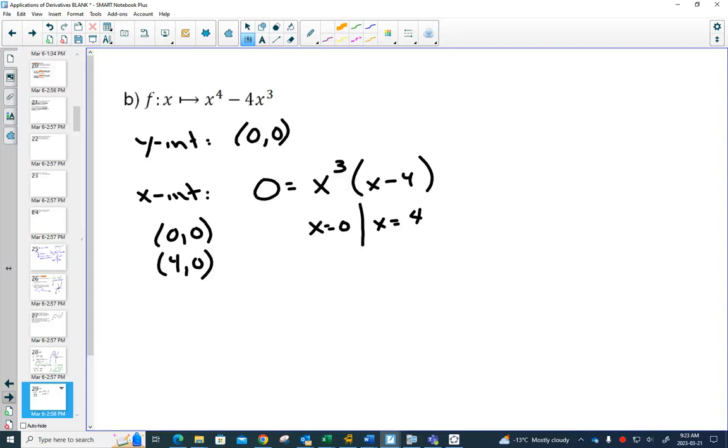Just a note on notation, I like to try to find all the different function notations I see in different textbooks. If you have a notation like this one, which I don't really care for, you can change it afterwards. For my derivative, I would just write f prime of x equals.